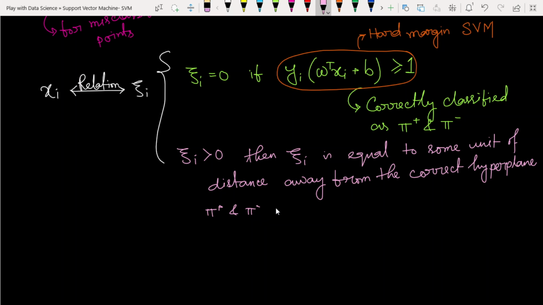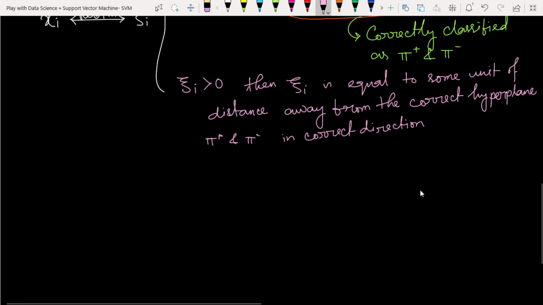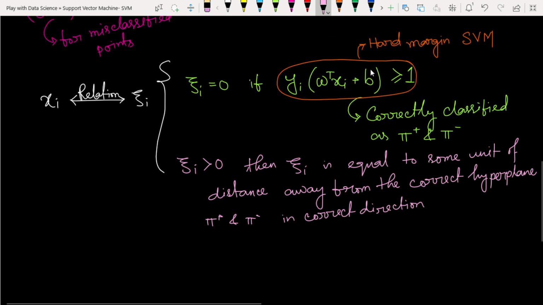This is our correct hyperplane in the incorrect direction. So this thing is our soft SVM.